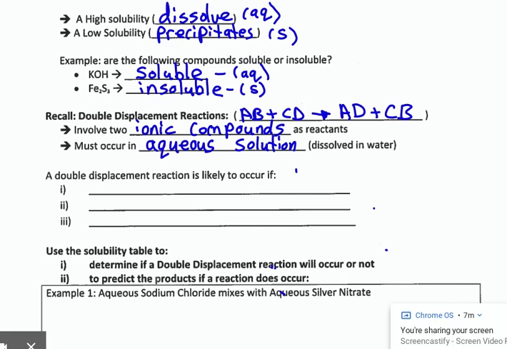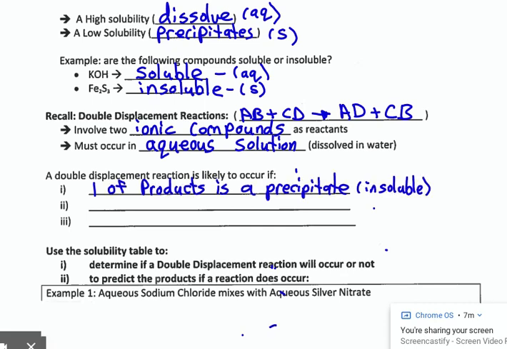One of the products has to be insoluble. The other option is one of the products is a gas. This is something that we probably will not come across in our course.